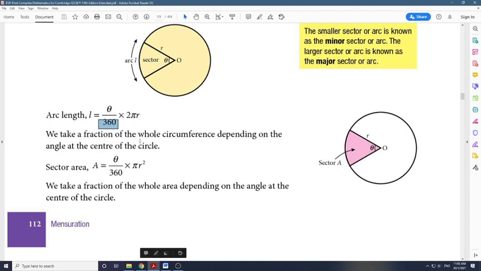So the arc length will be theta over 360 times 2 pi r. Same thing with sector, theta over 360, that particular fraction, and then pi r square is the circle area formula.